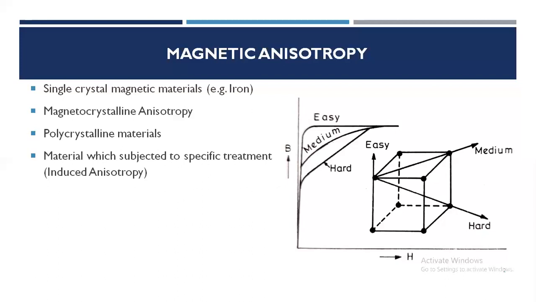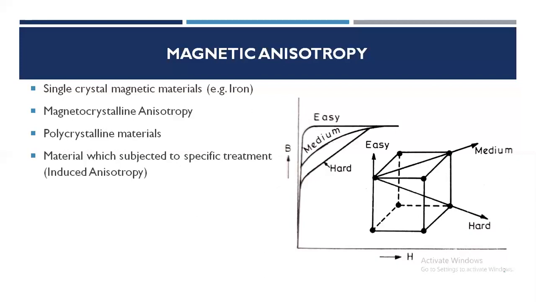Some regularity in the distribution of orientation makes the magnetic properties of the material markedly anisotropic. This is called induced anisotropy. If you apply a special treatment like cold rolling or hot rolling, the orientation of the material changes, so the magnetic properties also change markedly. That marked anisotropy is called induced anisotropy.